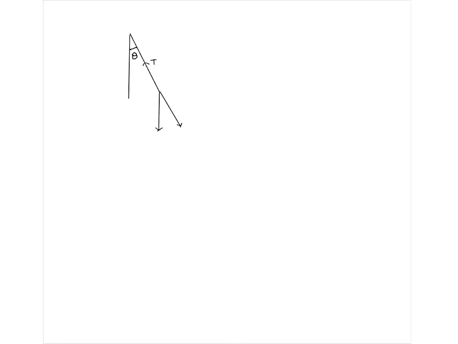One component is this, other component is this. This is theta, so that is theta. Yes, what do you say? Is it always correct to say that mg cos theta will balance T, or is there some better statement than that about mg cos theta?